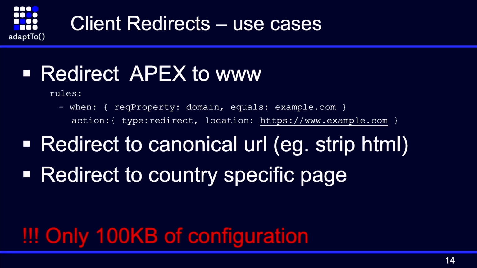You can use regexes and capture groups in these redirects. But what is important to keep in mind here is that the entire CDN configuration is limited to 100 kilobytes. There are technical reasons for that. And you cannot do huge maps of redirects in these 100 kilobytes. So we have customers that have hundreds of thousands of redirects, and those should sit either in AEM or dispatcher still.